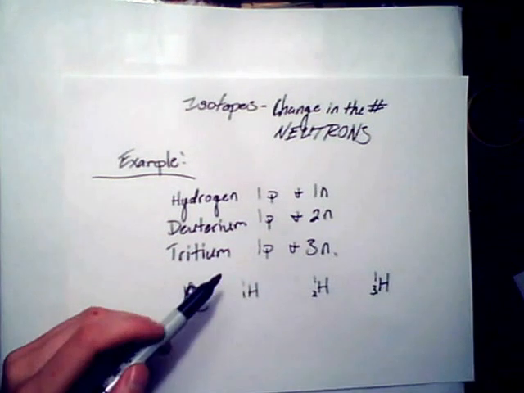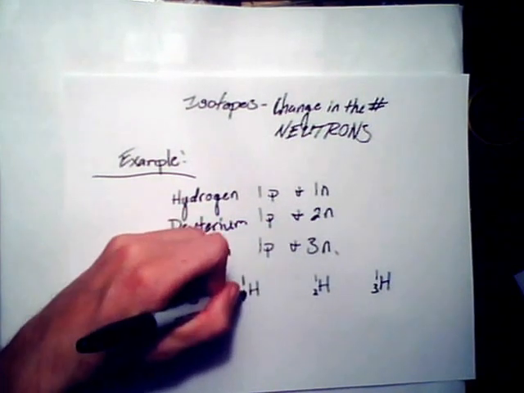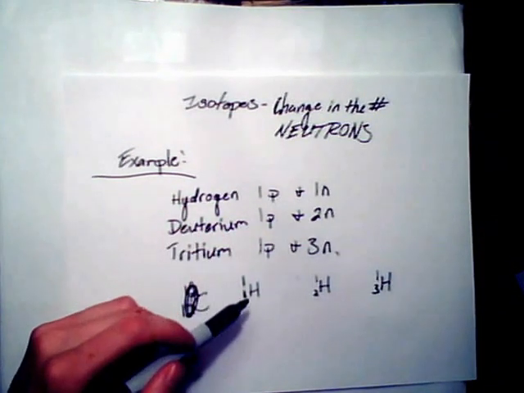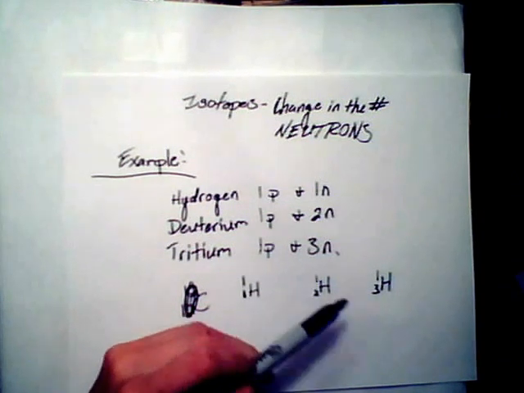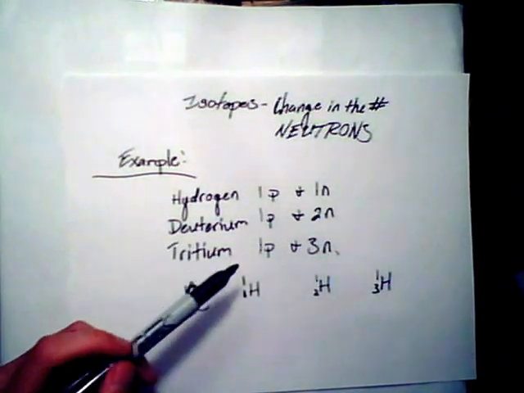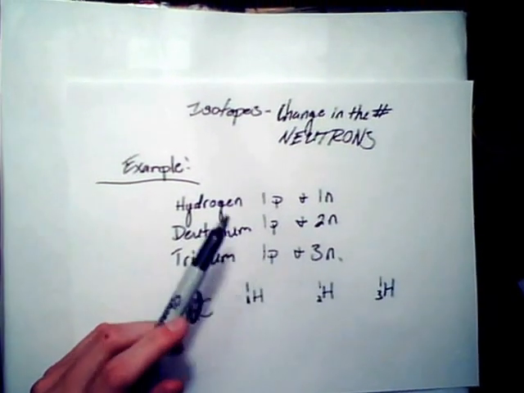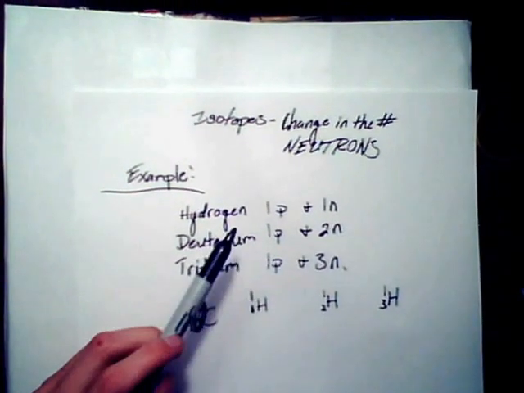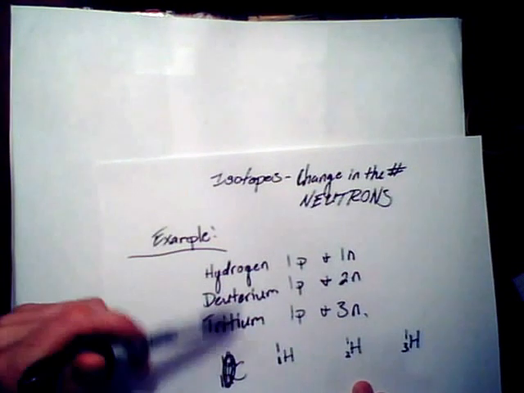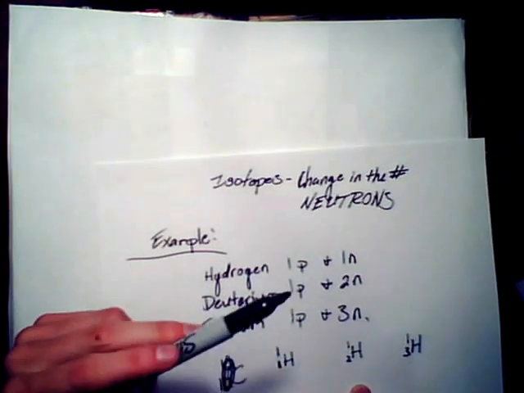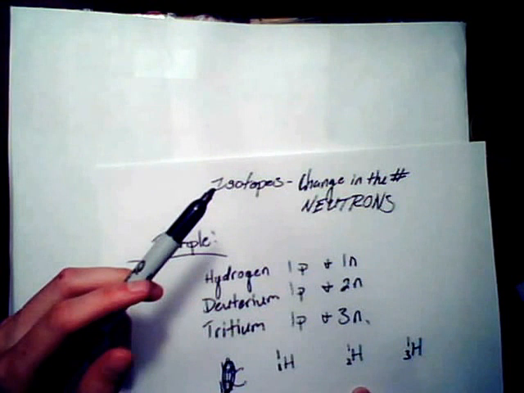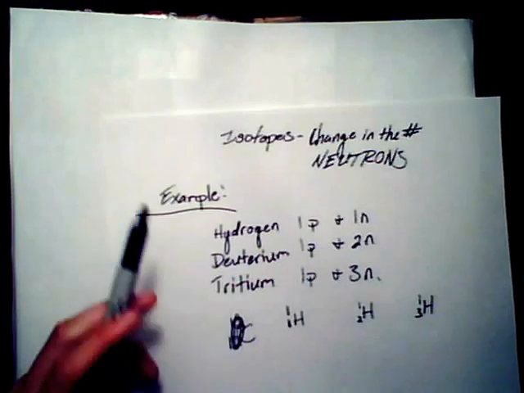So if someone shows you this, you can look at them and say, this is hydrogen, this one's deuterium, and this one's tritium. And that's based on the number of neutrons which you see. Other than that, it's pretty simple. Like I said, if you have higher numbers, you can go above or below your ground state. Yeah, other than that, we are good.